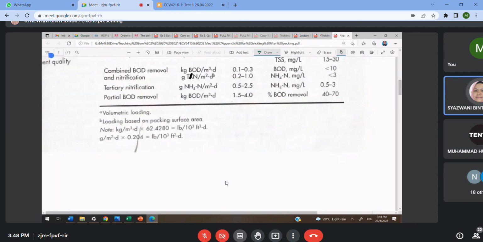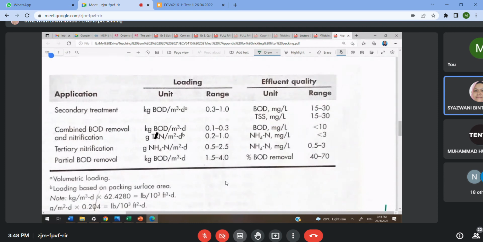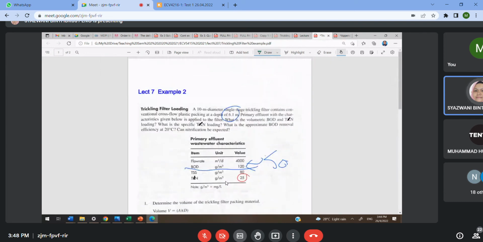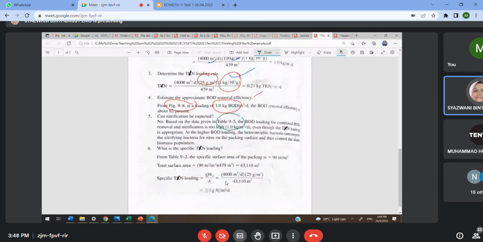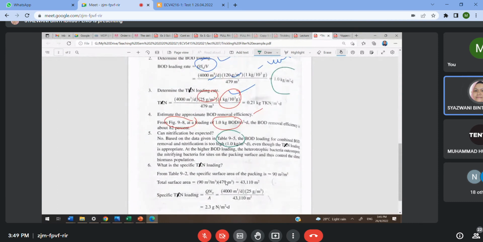In this table, we check for the combined BOD removal and nitrification. In this case, the BOD loading that you calculated earlier is 1.0 and the total nitrogen loading is about 0.21.